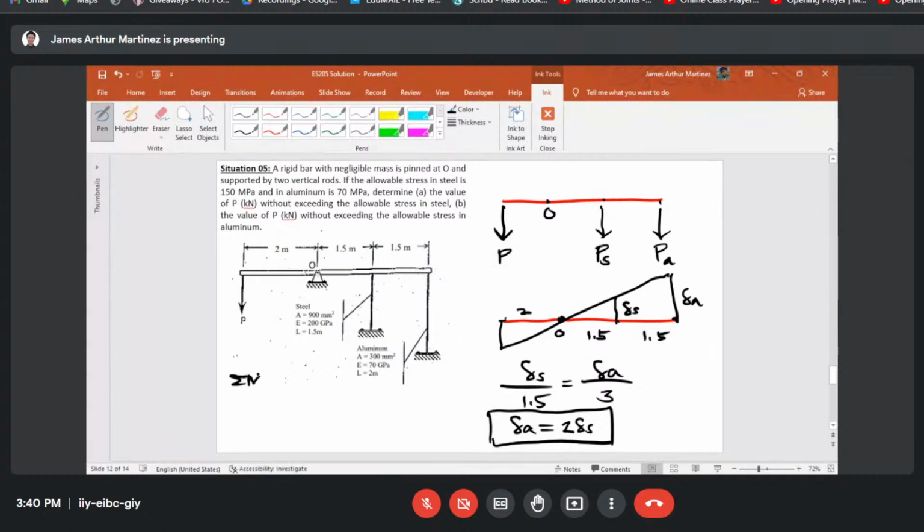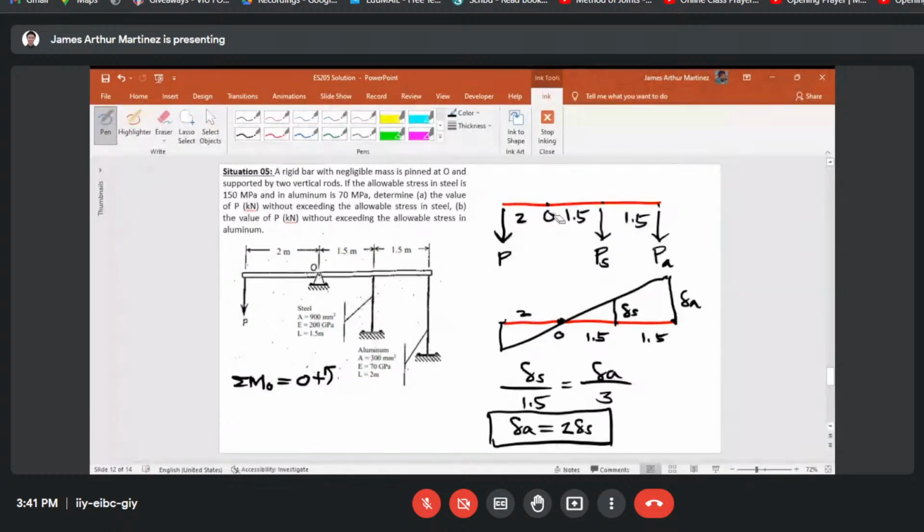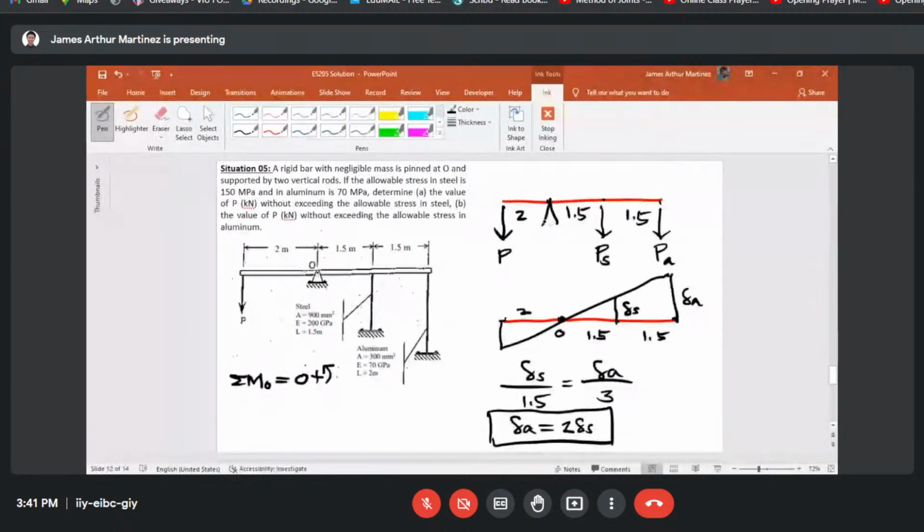So, summation of moment at point O equal to 0, having counterclockwise as positive. So, you will have, ilagay ninyo siya, this is 2, 1.5, and also 1.5. So, this is hinge siya.